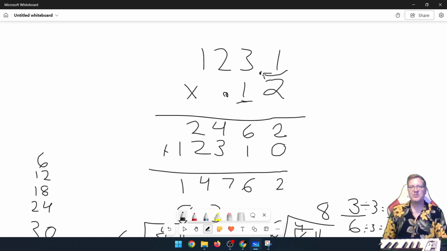So our first one, we're going to move over one spot, and then we need to do the same thing for this part. So our decimal is going to move in 1, 2, 3 places. It's going to go here. And to say that number, it would be 14 and 762 thousandths.